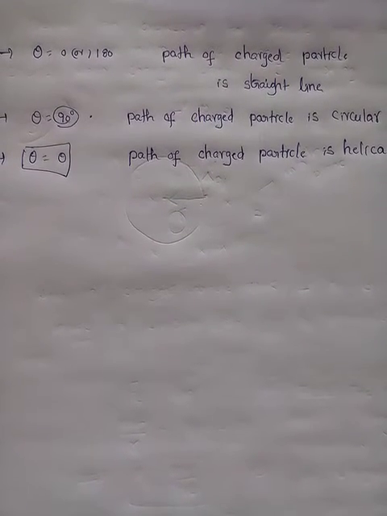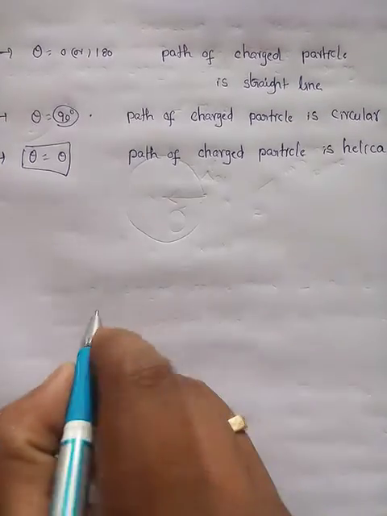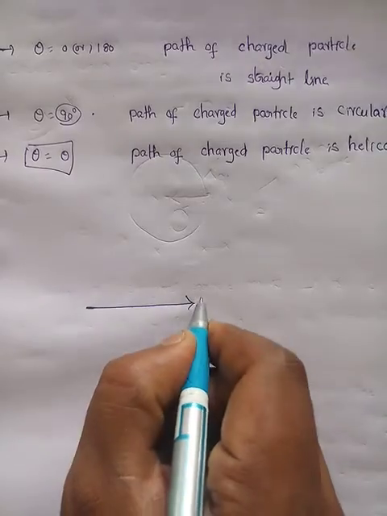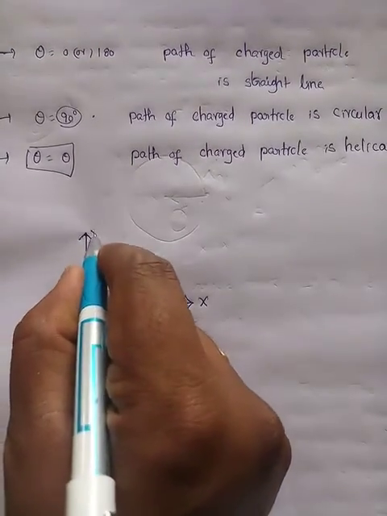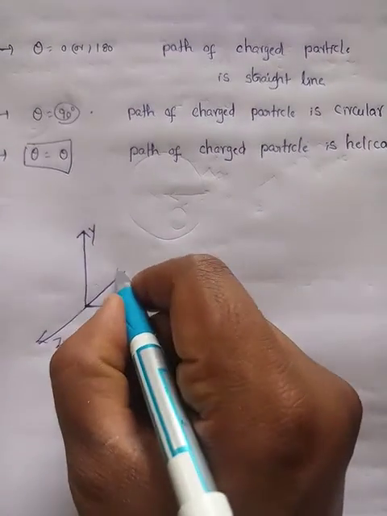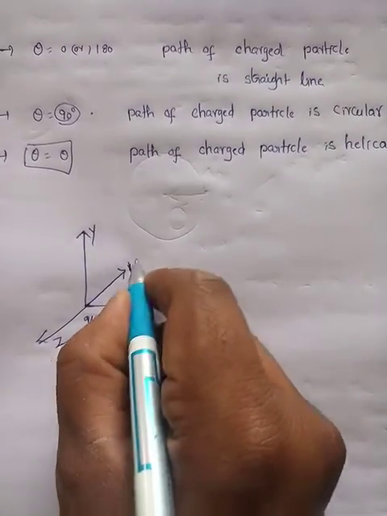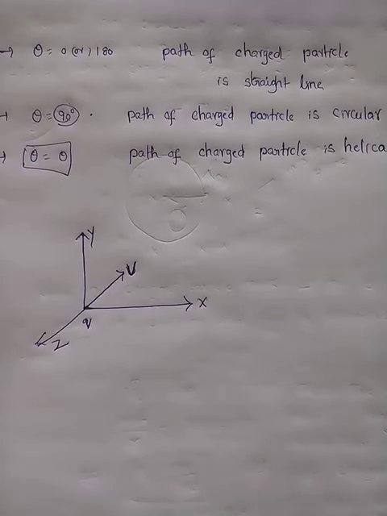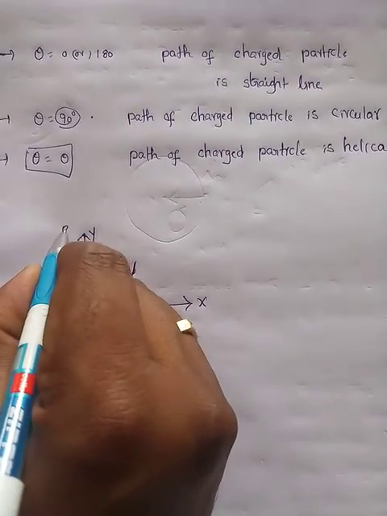Now we got a question: what is the direction of magnetic force experienced by the charged particle? Let us take that. This is the x axis, and y as well as z. A charged particle is moving in a plane with velocity v, making an angle theta with the magnetic field.